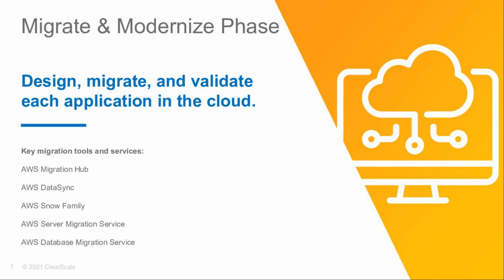Two very common tools that we use are the AWS Server Migration Service and the Database Migration Service. So again, lots of good tools here. There are some third-party products out there that can help you as well. But generally these are very good products, and we use them in many projects.